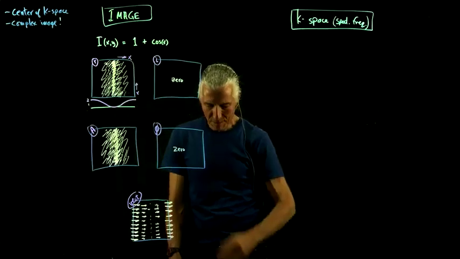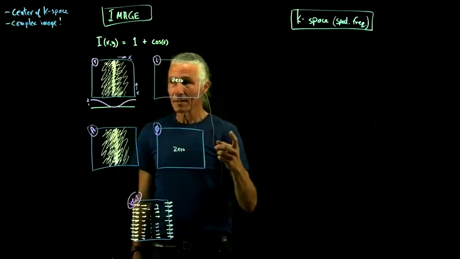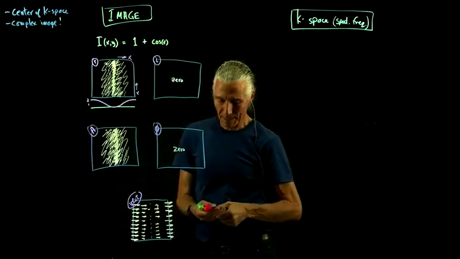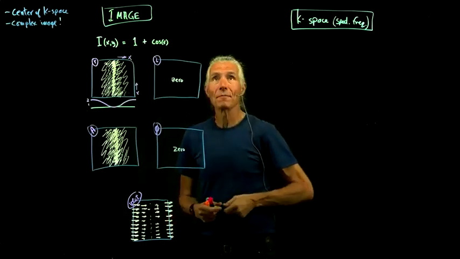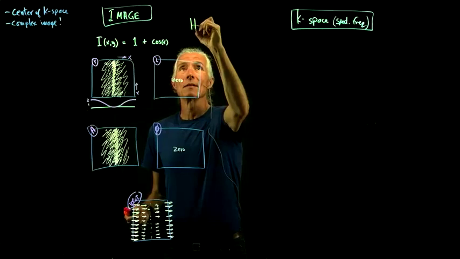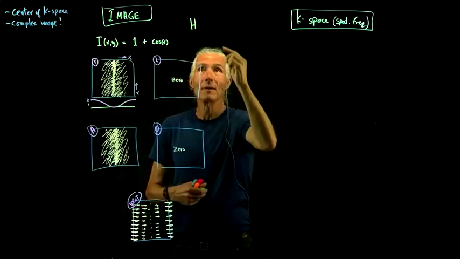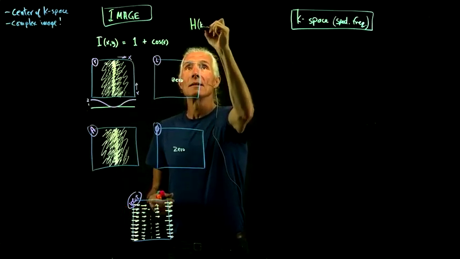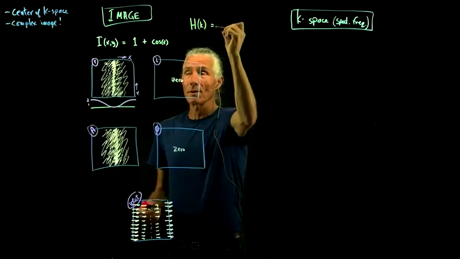The center of k-space is a single point in k-space. And so if you just draw out the equation for it, let's draw out the Fourier transform equation again.